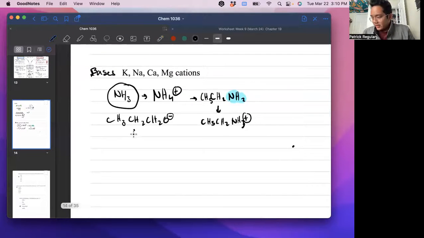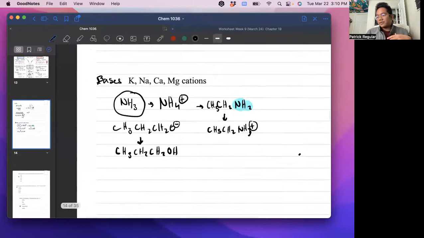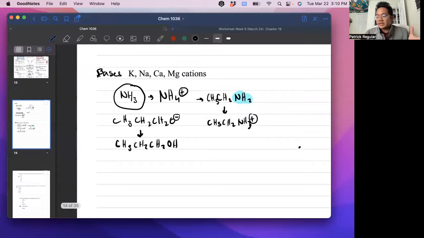The minus charge means that it's a base. And if we were to protonate it or add that positive charge, we get CH3, CH2, CH2OH, which is the same thing as what we had up here. So the negative charge gives us a little hint that it's going to be a base. And right here, we see the regeneration of the alcohol.